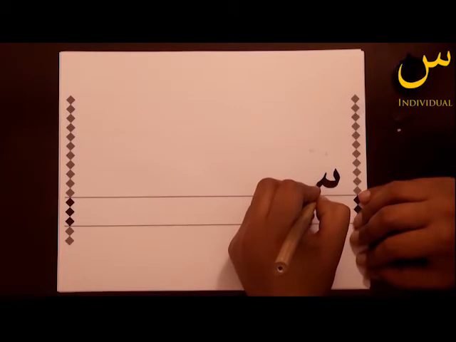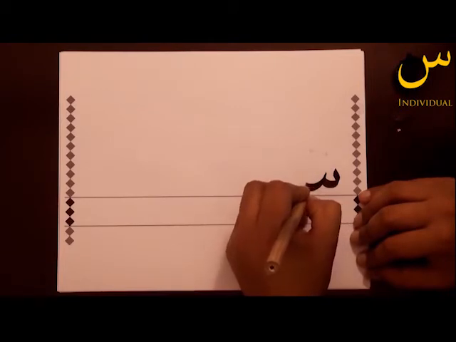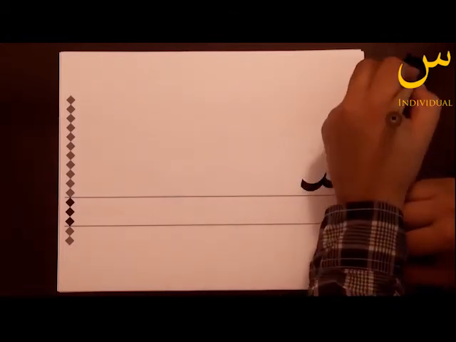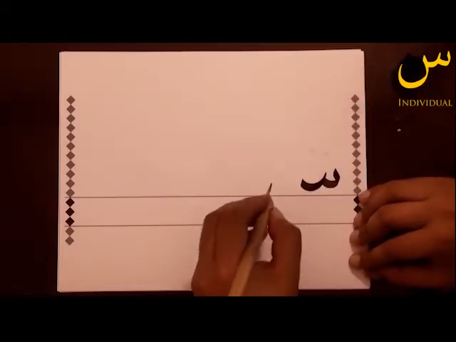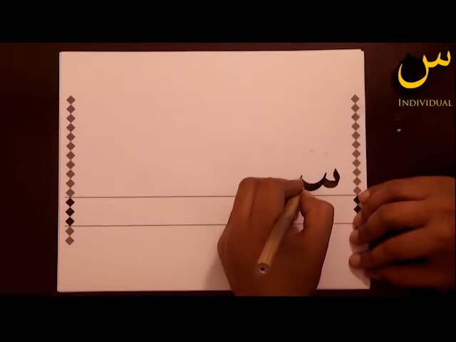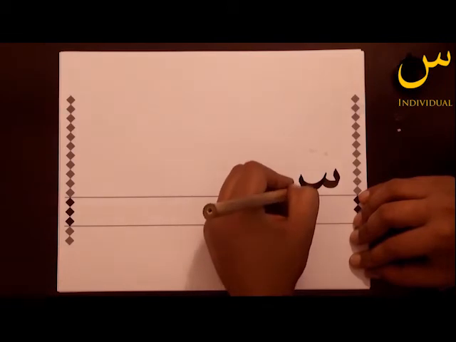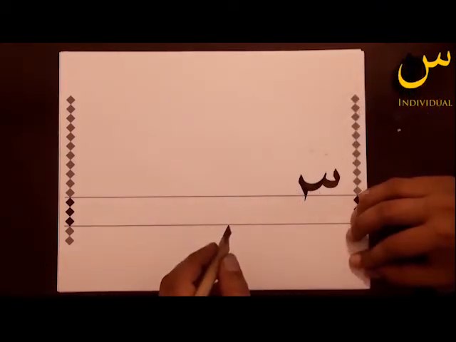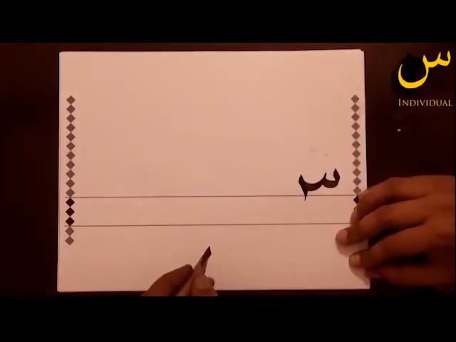The second stroke regresses downwards just slightly, so you'll see that the bottom point of the second bevel is a little bit lower than the bottom point of the first stroke. The third stroke starts off about 2 or 2.5 nuqtas above the baseline and ends right at the top baseline.